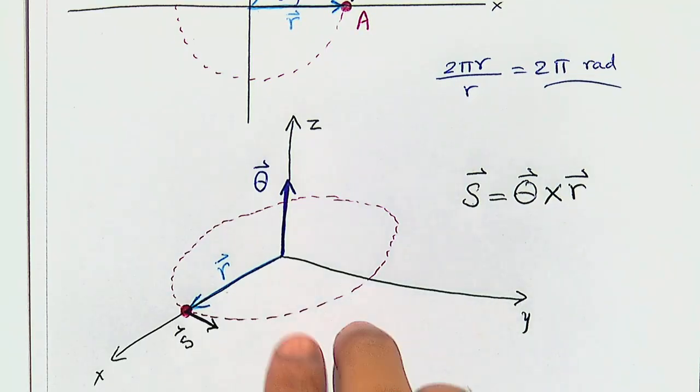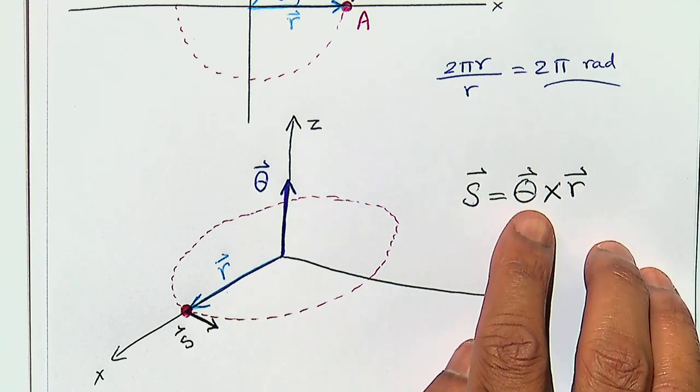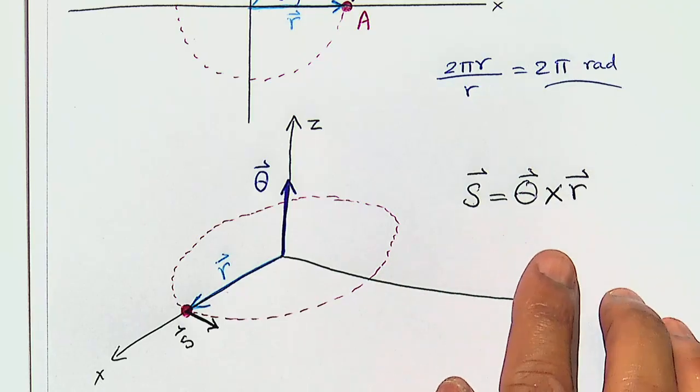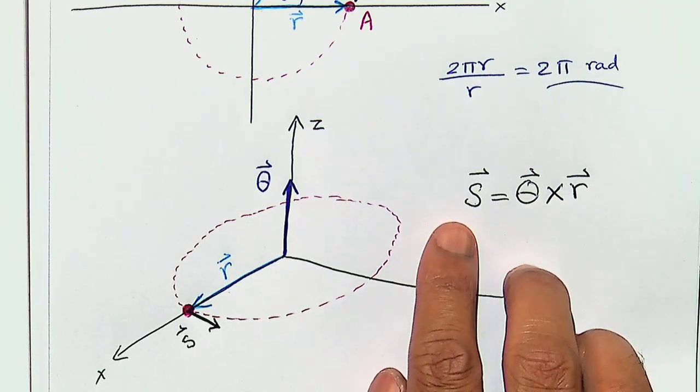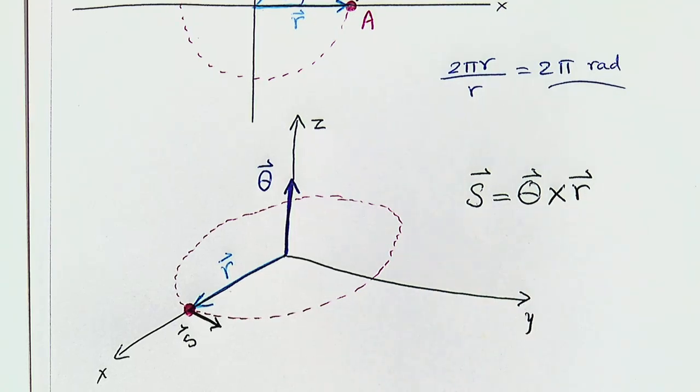So that's why all these are pointing the way they are pointing, right? They're related through the cross product, and it's important to do theta cross R. You can't just do some combination of this. It's theta cross R that is the direction of S. Okay, so take a moment, good chance to practice your right-hand rule. Ask us questions on the discussion.